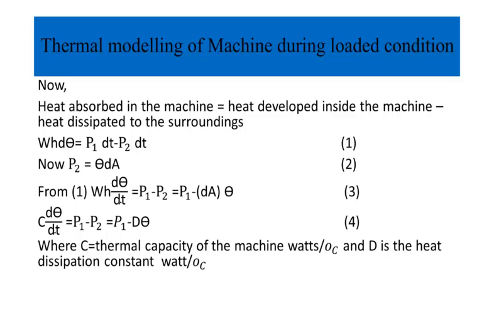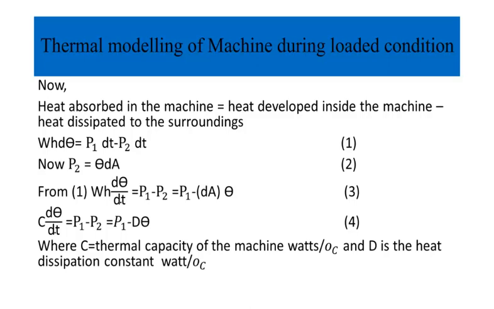Heat developed inside the machine is equal to P1 into dt, because P1 is heat developed in joule per second. Minus P2 into dt, where P2 is heat dissipated to the surroundings in joule per second. So we have equation number 1. Now we can also write P2 is equal to theta into D into A. D is the specific heat of dissipation, and its unit is joule per second per meter square per degree centigrade.